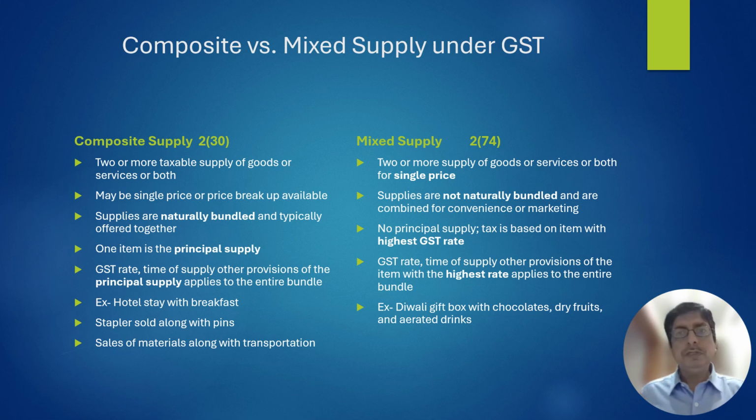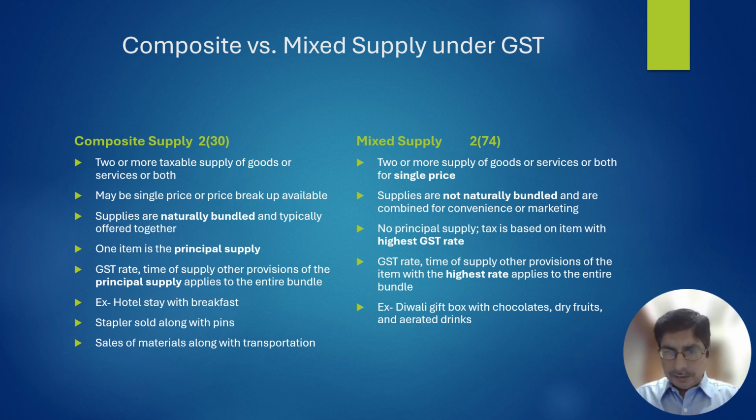Now let's see what is mixed supply. Section 2(74) defines mixed supply. It means two or more supplies of goods or services or both for a single price, where the supplies are not naturally bundled. There is no concept of principal supply.